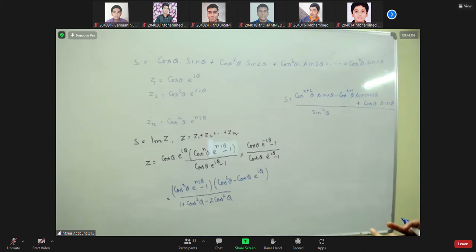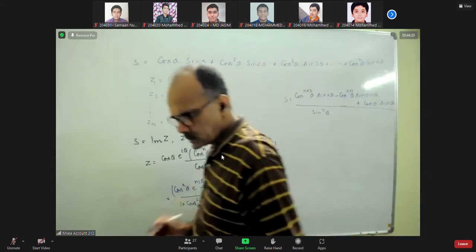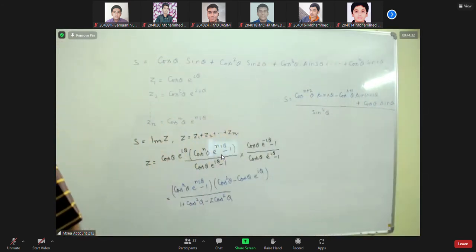Minus cos square theta, that is real, plus cos theta sin theta. Okay. Further, we can simplify it. Just leave it here. Okay.